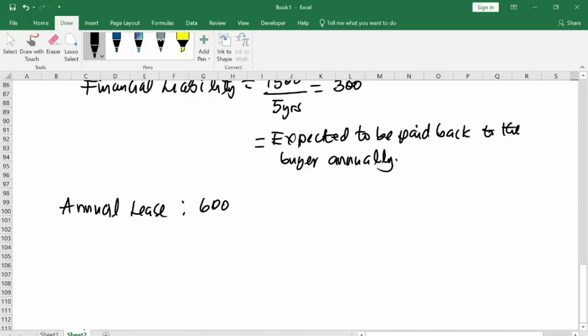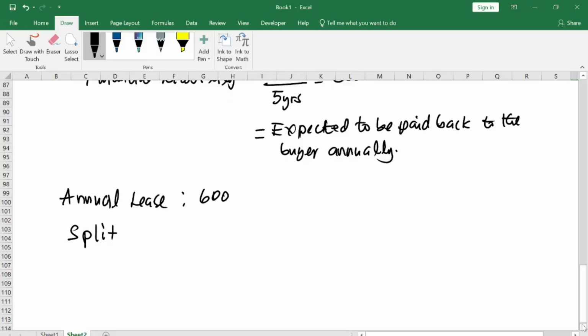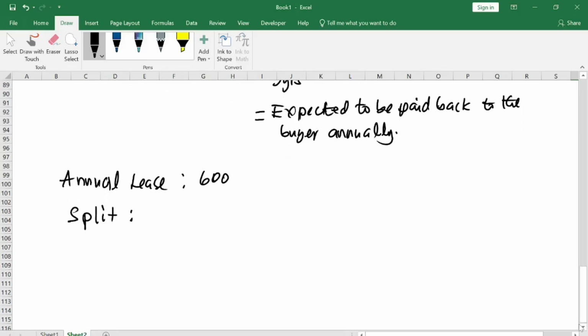That is the idea. That means that the annual lease of 600 includes the financial liability. So you need to split. How do you do the splitting? Your annual lease is 600.